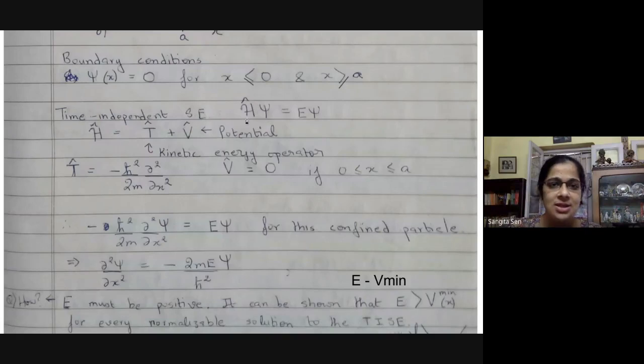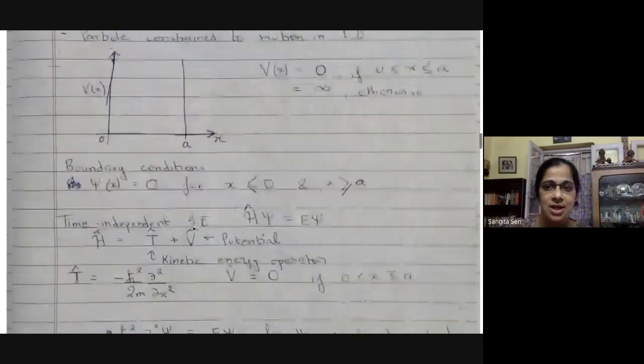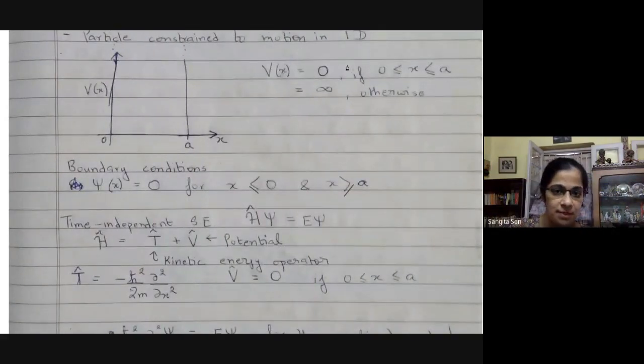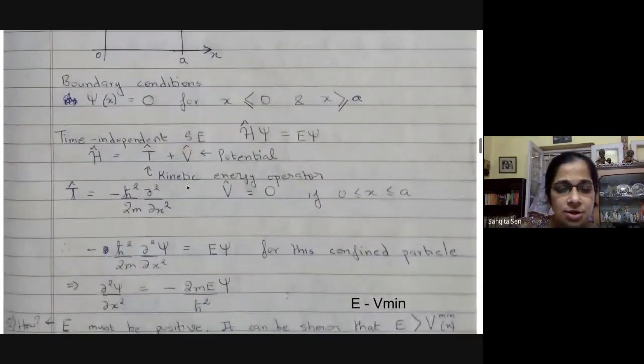And so in here, the particle has two energies: the kinetic energy, because it is moving, and the potential energy, which is defined by this set of relations. Okay, the kinetic energy operator is as before, and the potential operator is simply multiplicative, and it is 0.